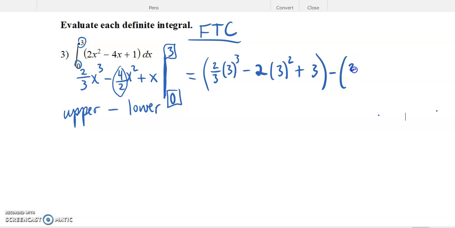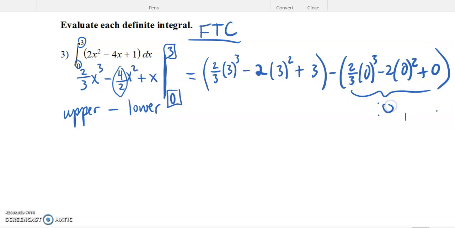So I'm going to write it out, but this is really nice because when I plug in 0, everything's going to equal 0. So minus 2 times 0 squared plus 0. So that whole thing is just 0. And that's just because we had a bound of 0. Sometimes you'll have a value.